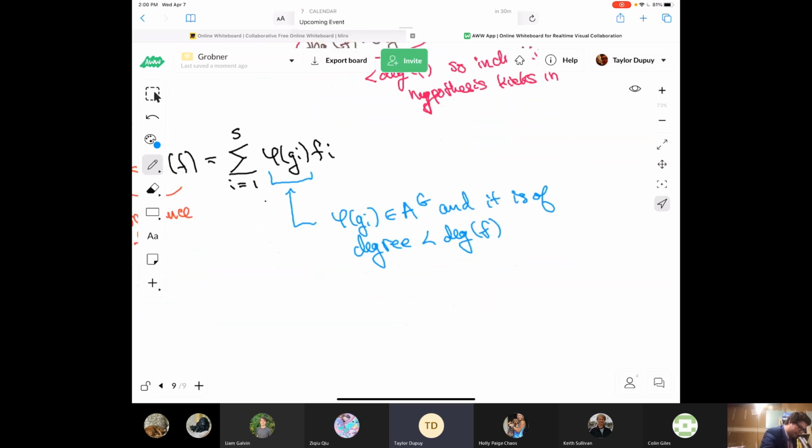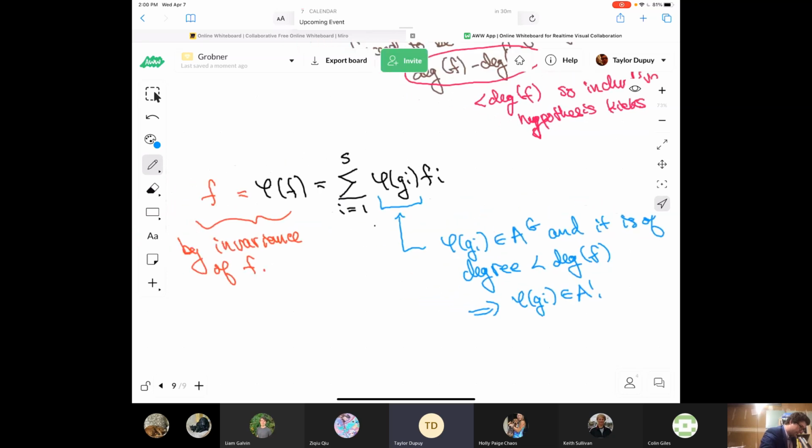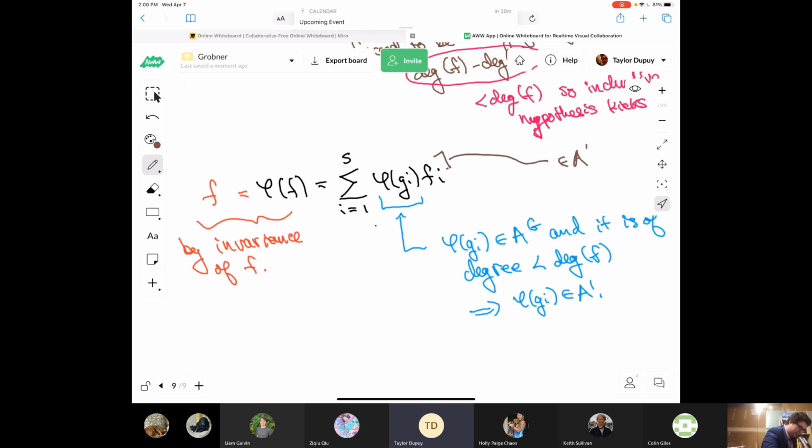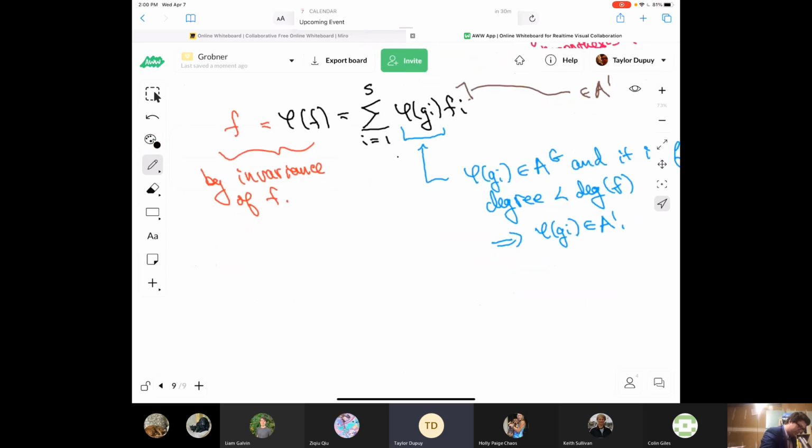So that's the inductive hypothesis, and this implies that phi of g_i is an element of A prime, right? And then these f_i are already in A prime. These are elements of A prime, right? And so all of that together proves that f is an element of A prime, which proves that A^G is a subset of A prime.